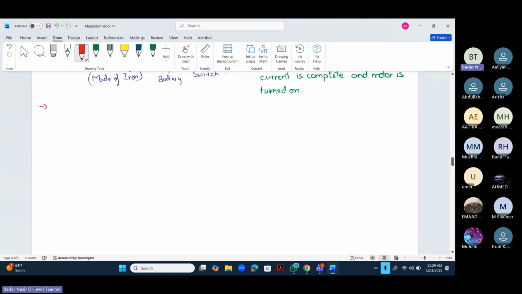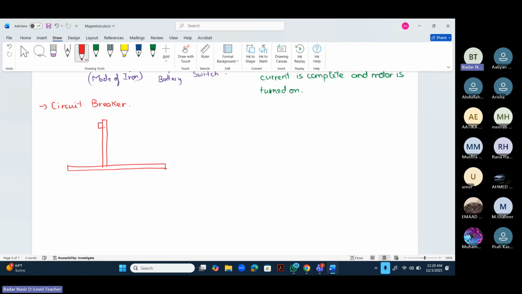Okay, so circuit breaker. What is basically the purpose of a circuit breaker? Beta, the purpose of a circuit breaker is that in case of excess current, the circuit breaker turns off or disconnects the electronic appliance from the main voltage supply.